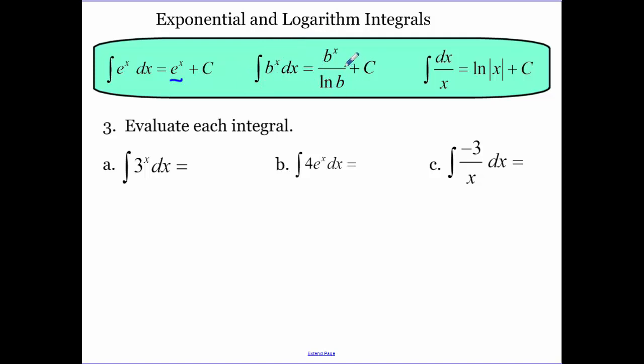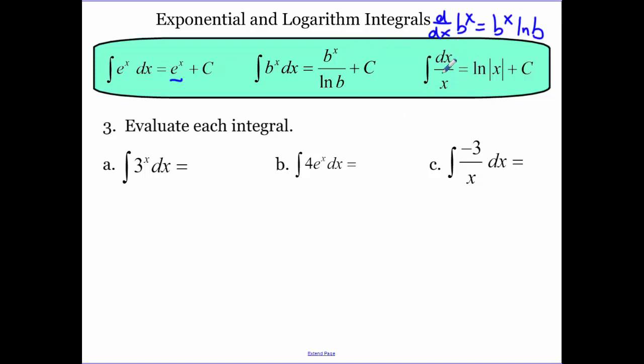Keep that in mind, because the derivative of b to the x is equal to b to the x times ln of b. So to get back to just regular old b to the x, I have to cancel out the ln of b's.